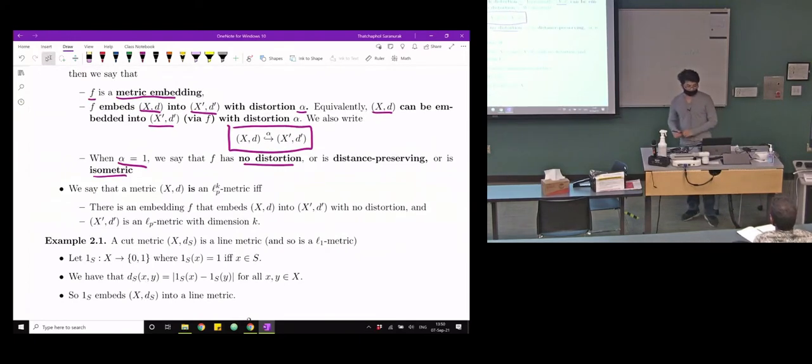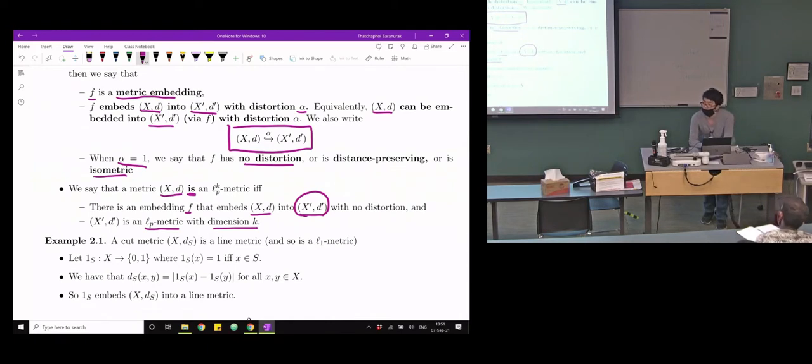So for example, a metric X d, think of this as L1 first, but I will call this metric an L P K metric if you have an embedding that embeds this metric into some other metric X prime, and this X prime is an LP metric with dimension k.